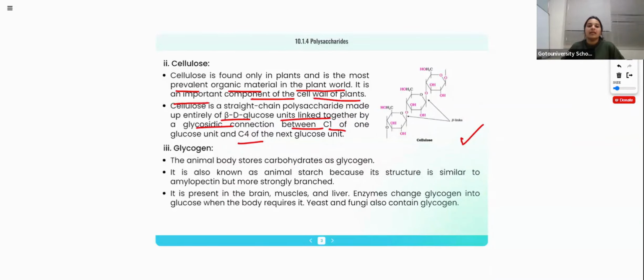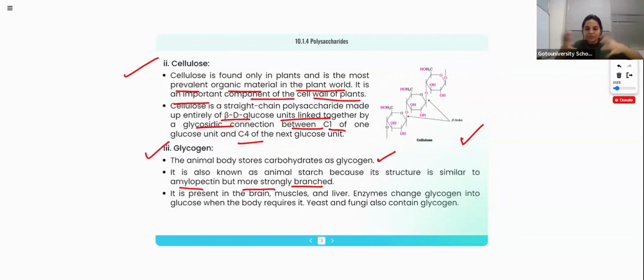Okay. Next one is glycogen. The animal body stores carbohydrates as glycogen. Important. The plant body is storing carbohydrates as what? Starch. The animal body is storing as glycogen. It's also known as animal starch because its structure is similar to amylopectin but more strongly branched.